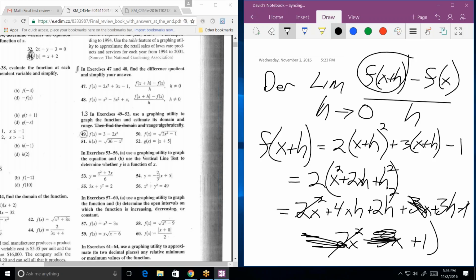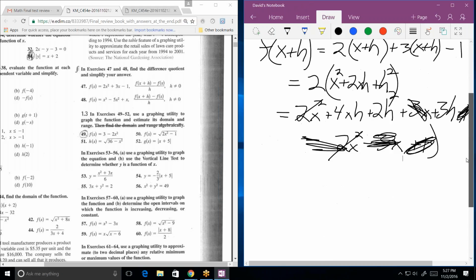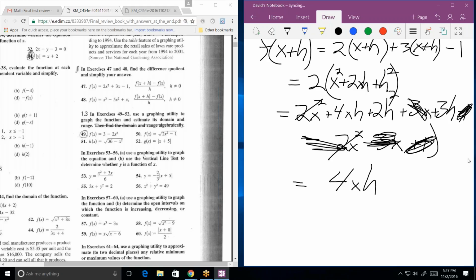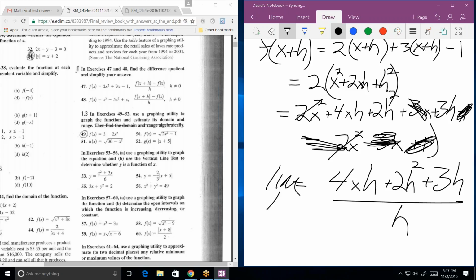The negative 1 cancels with the positive 1. Everything else has an h in it. So now I have 4xh plus 2h squared plus 3h. But remember, I'm dividing it all by h, and I'm taking the limit of this as h goes to 0.